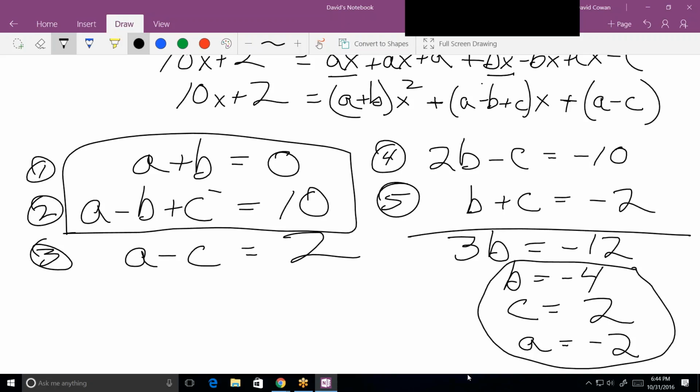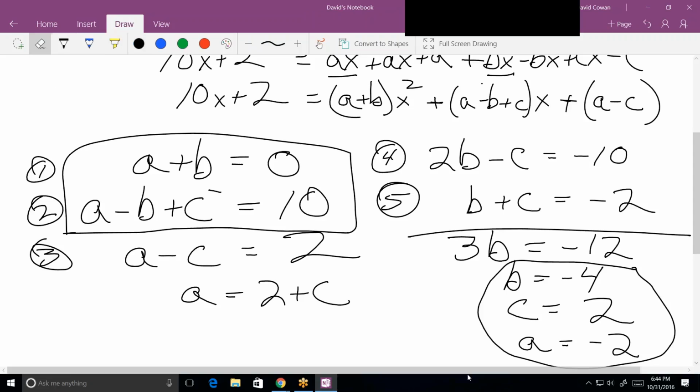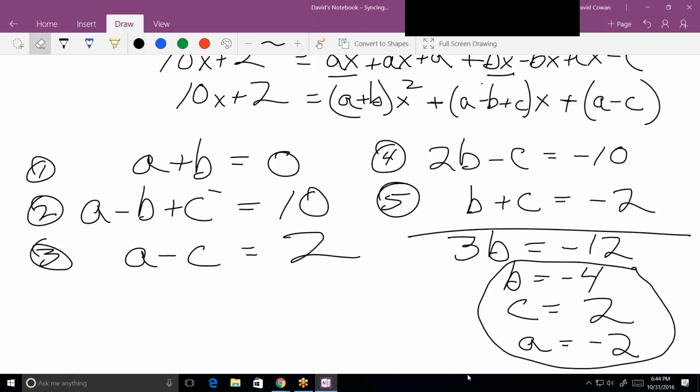Now, substitution is certainly going to work. I could make that A equal 2 plus C. Yeah, but this one they let you just do it however you want. Okay, cool. I won't waste time going through the substitution. I think you know how to do the substitution method anyway. But I would just advise that whenever you see all your equations in standard format, elimination might be a little easier.